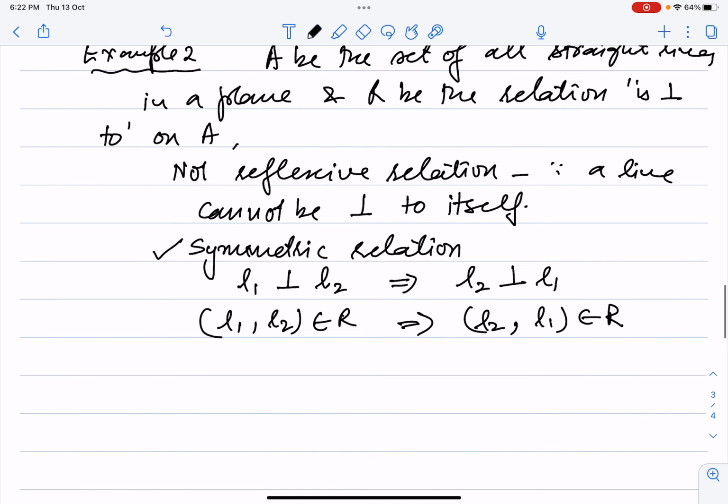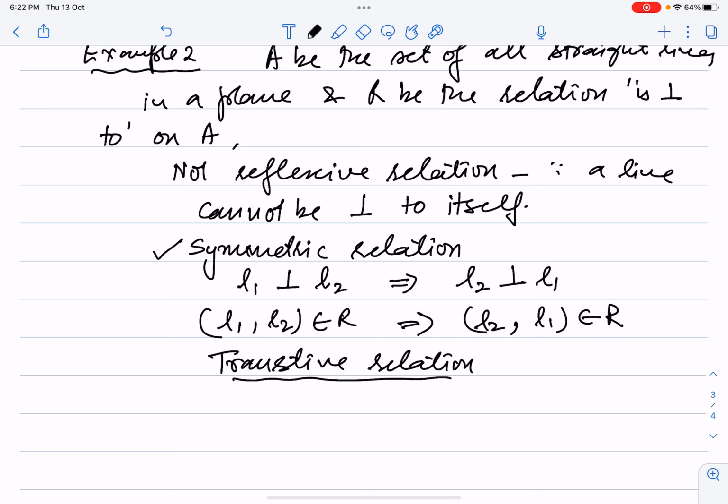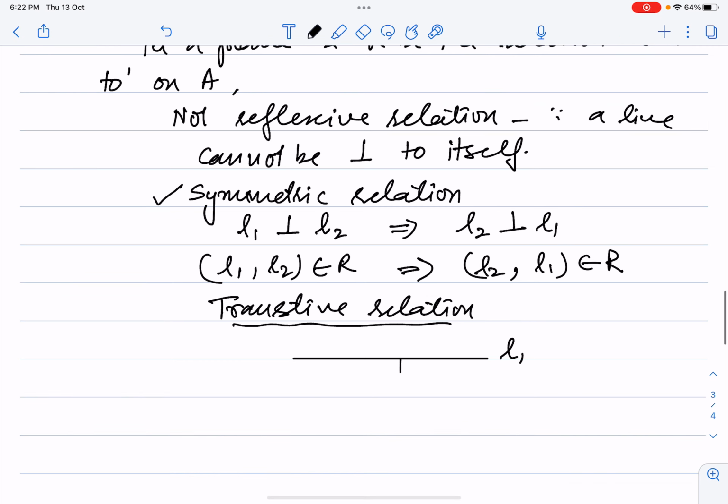Now let's talk about transitivity, or whether the relation is transitive or not. This is a tricky one. So suppose there is a line L1, and there is another line L2.